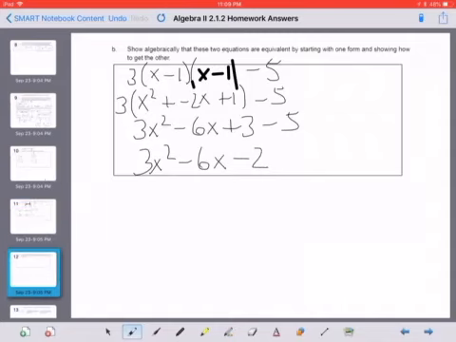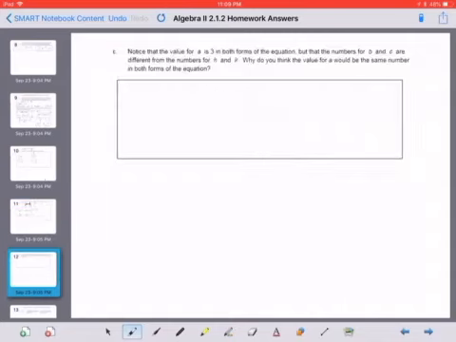Then problem C says, notice that the value of a is 3 in both forms of the equation. It wants us to explain why we think that's true. One of the reasons I thought it was true is that a ends up being the coefficient of x squared after the binomial is squared. So either way, in either format, we can pull out a 3 in either problem.